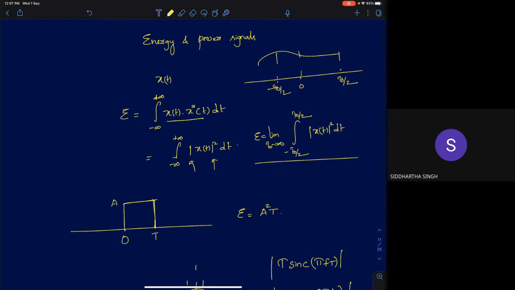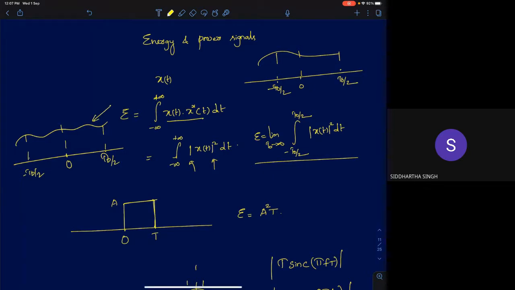A more generalized definition will be if you have some arbitrary signal which is varying as a function of time, what you do is let's assume the signal goes from minus infinity to plus infinity in time. You define an interval of length t naught in time domain and compute the square integral or magnitude squared integral of this signal in that interval.